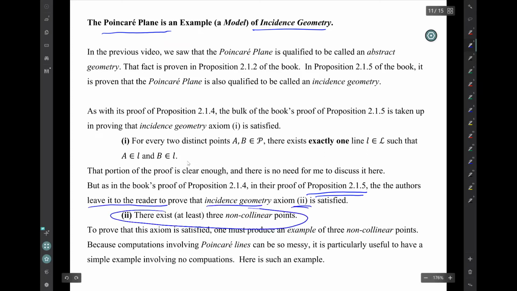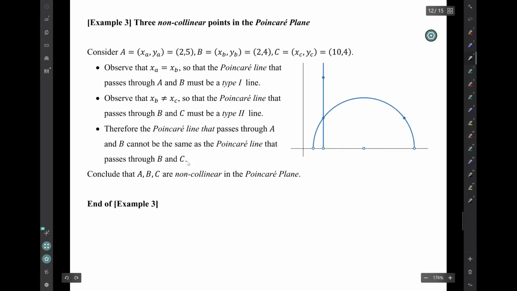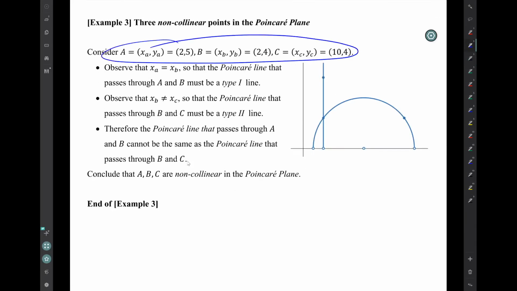So again, they don't show that there exist at least three non-collinear points in the Poincare plane. Now, because computations involving Poincare lines can be so messy, it's particularly useful to have a simple example involving no computations. Here's such an example. Consider those same 3 points from before.